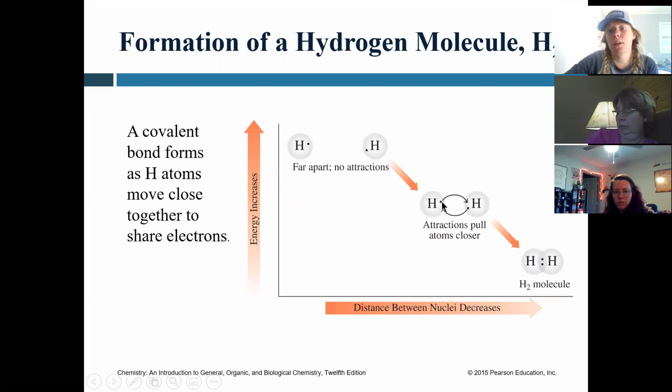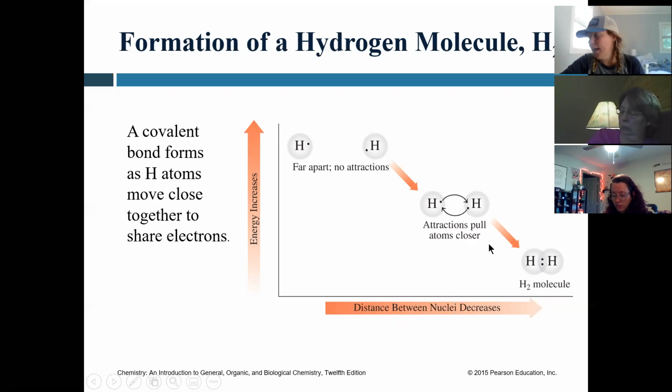Then they simultaneously share these 2 electrons, and we can see this sort of overlapping happening. Now this hydrogen has partial access to 2 electrons, and this hydrogen has access to 2 electrons. So they both have a stable electron configuration. A stable electron configuration is going to be 8 electrons, unless you're super teeny tiny like hydrogen, helium, and lithium. Those guys will be stable with just 2 electrons.